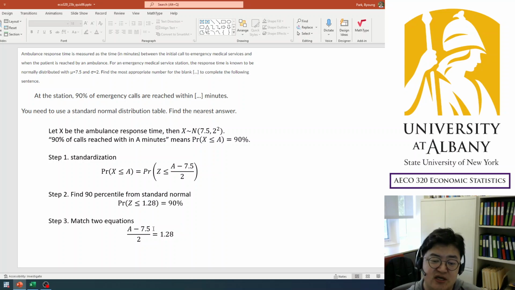So you have to solve this out. So A is 1.28 standard deviations above its average. So if you solve this equation for A, you are going to get A equals 7.5 plus 1.28 standard deviations. So if you solve this out, then you will get the correct answer.